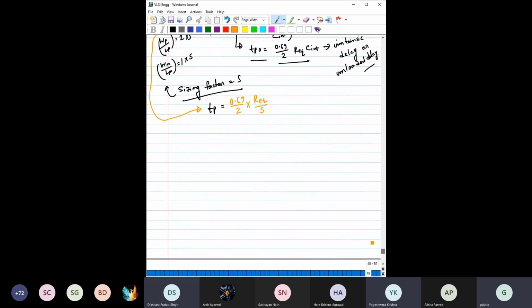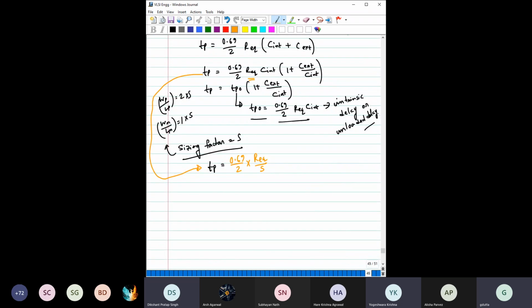So the same thing we are doing here. R equivalent would be this. Okay, what about C int? Intrinsic capacitance. It becomes S times. It will scale up. Very good.